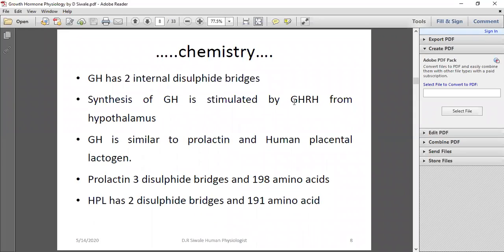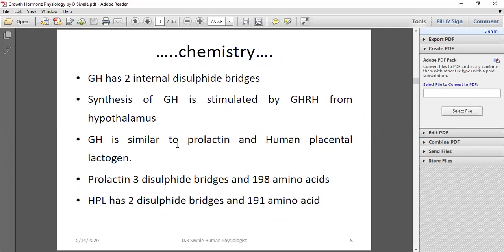This hormone can also be stimulated by stimulants such as stress, or hypoglycemia, where there are low levels of glucose in the blood. And also certain amino acids can stimulate the secretion of growth hormone releasing hormone, which can have influence on the secretion of growth hormone.